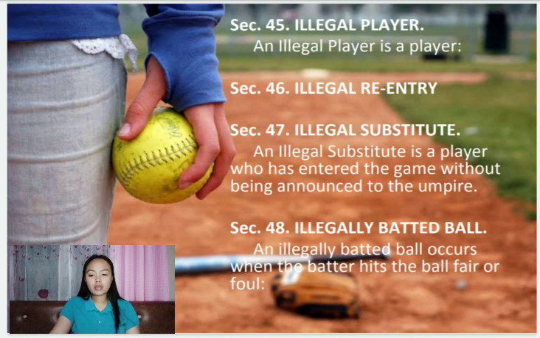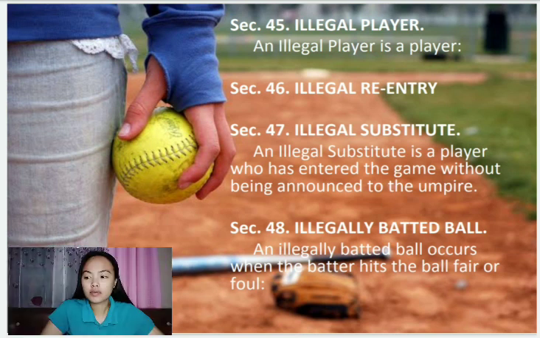So, he may be a substitute who has not previously been in a game, a legal player, a declared ineligible player, an illegal re-entry, or an illegal DP or flex player or EP, and a replacement player who remains in the game as an announced substitution.